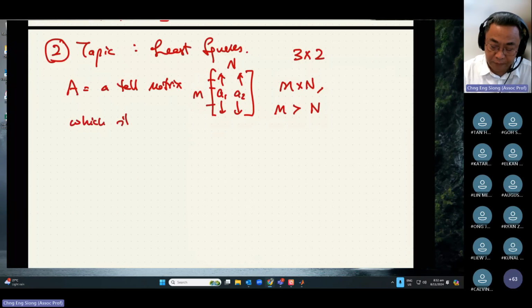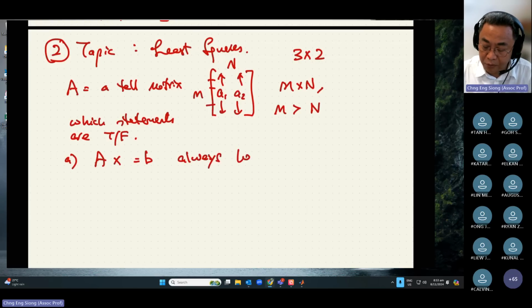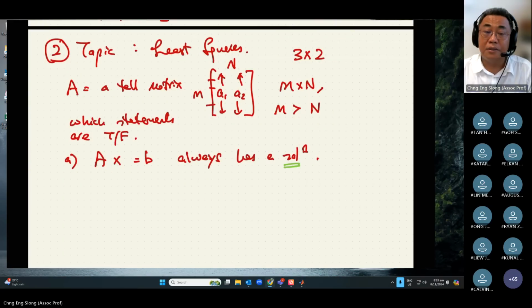Which statements are true or false? For each statement, you have to determine first. So the first statement, let's do it together, guys: AX equals B always has a solution. What does the word solution mean?